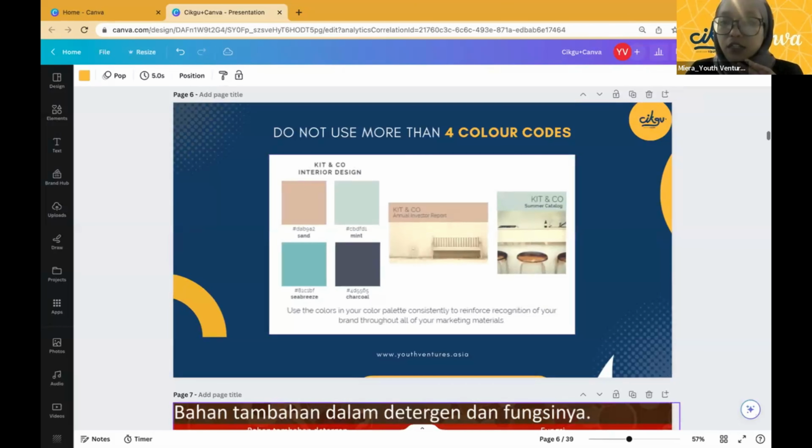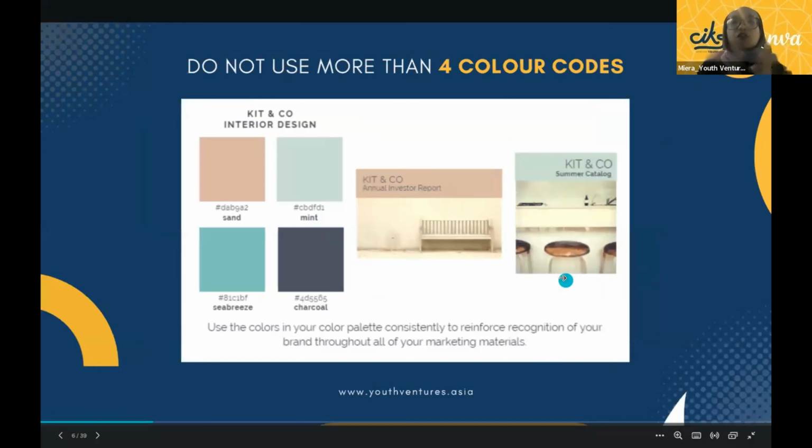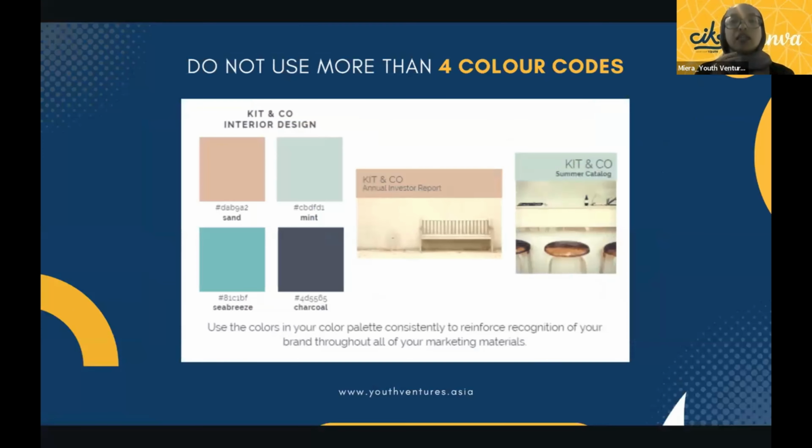And I'm going to just repeat on the 4 color codes. Once you chose the 3 main color codes and you want to use the 4th color, make sure it's neutral and it doesn't overpower your main color. It should not exceed 10% of the main color, because you don't want it to overpower the main color that you're having, right?